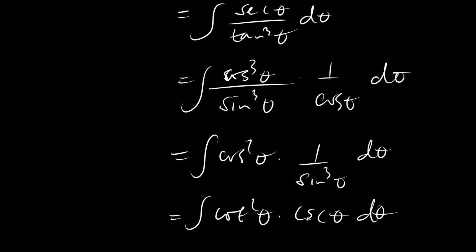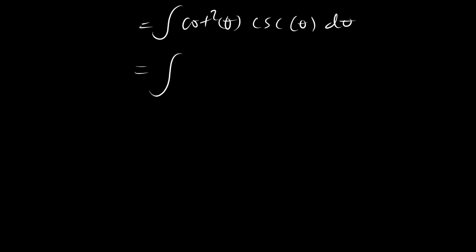Okay. So we've come to a point where we have cot squared theta cosec theta integrated, which is the same as the integral of cot theta times the derivative of negative cosec theta.